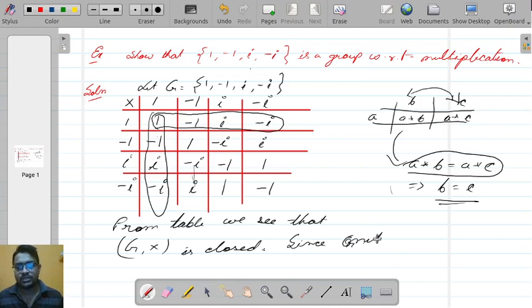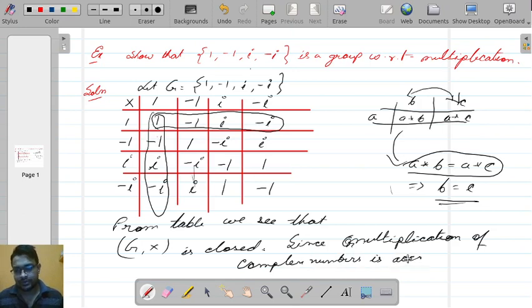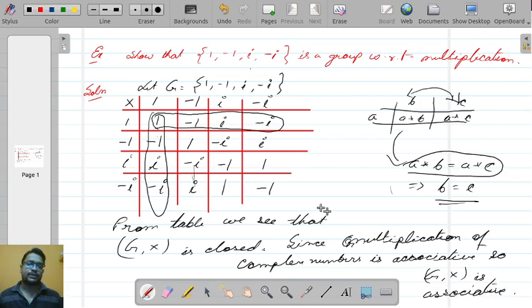Since multiplication of complex numbers is associative, G is associative with respect to cross. So the associative property is already there, right?